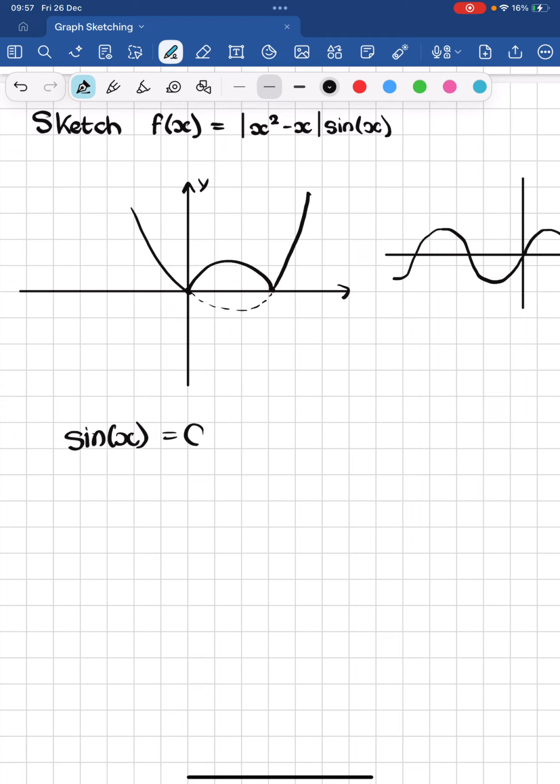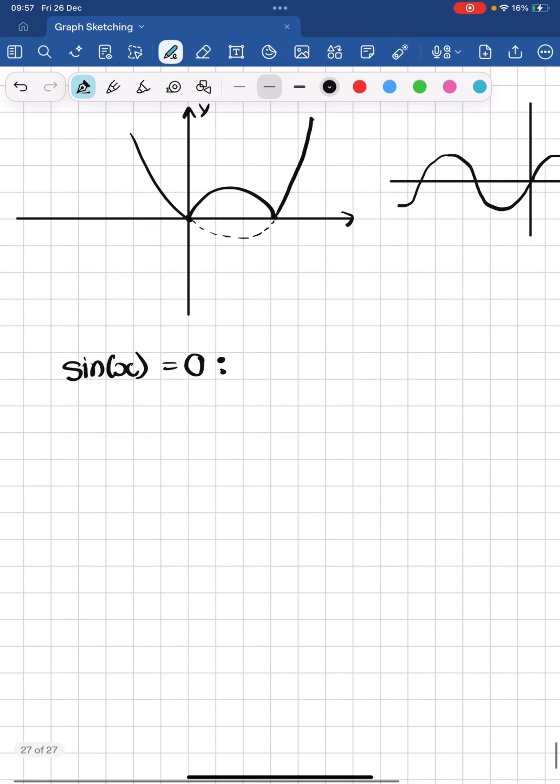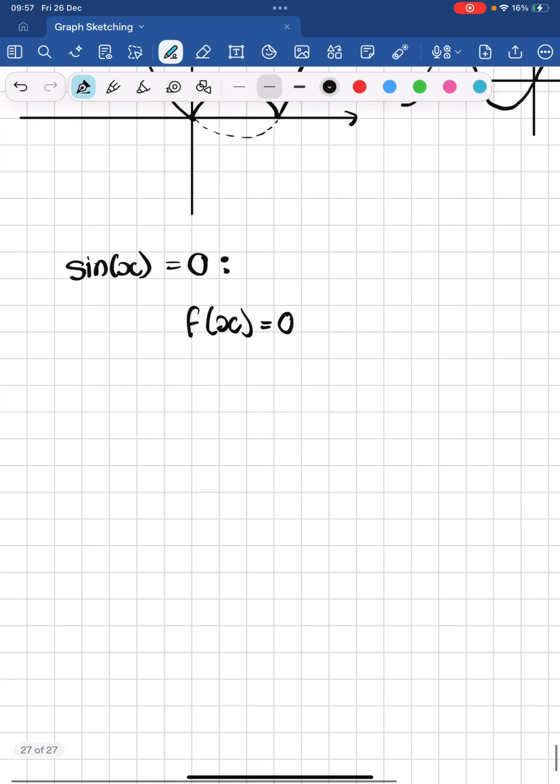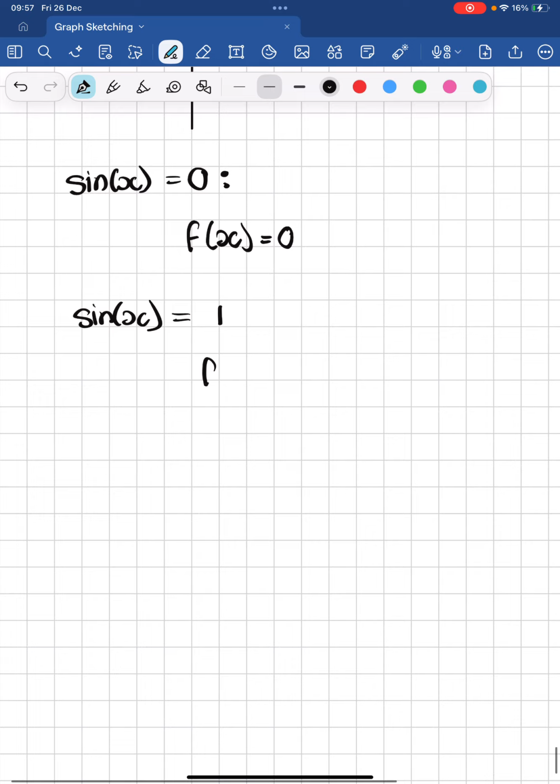When sine x equals 0, we've got f of x equal to 0. So that means we cross the x-axis. And then when sine x equals 1, we know that f of x just equals mod x squared minus x.